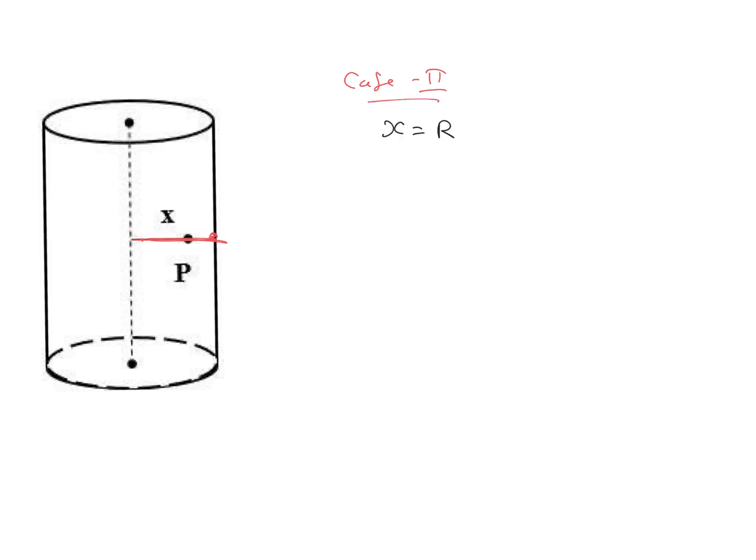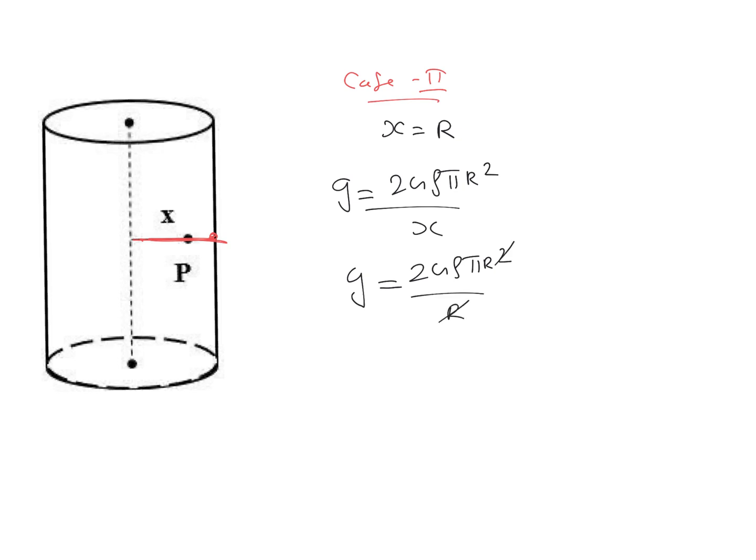The value of x is equal to r, so in the previous equation, that is g is equal to 2G rho pi r square divided by x, we can just put x equal to r. So we can observe that one r over here and one r over here get cancelled. So the value of gravitational field is going to be 2G rho pi r as the equation for a gravitational field on the surface, and which is a maximum value.